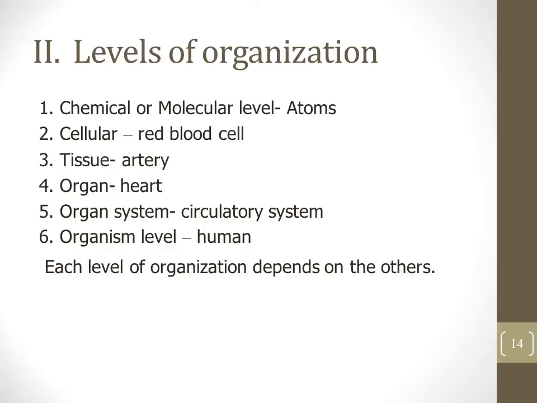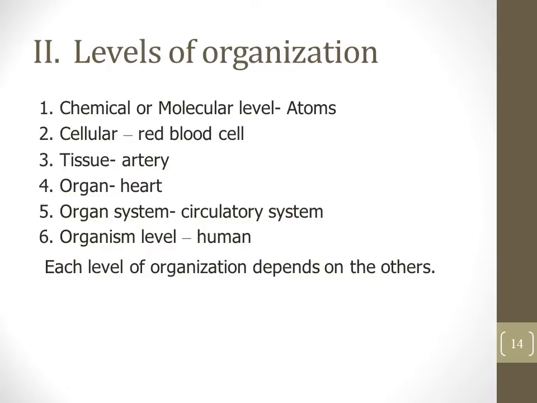All the molecules, elements, and atoms come together to form the cellular level. Examples of a cell in the body are a red blood cell, a white blood cell, a nerve cell. These are the cells in the body that serve as the smallest unit of life.